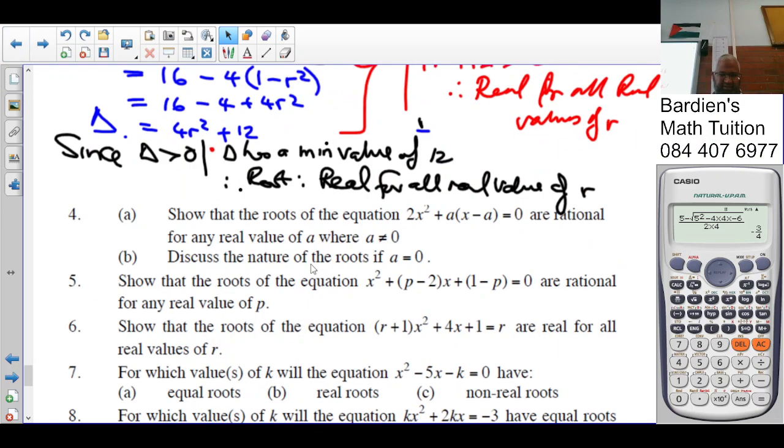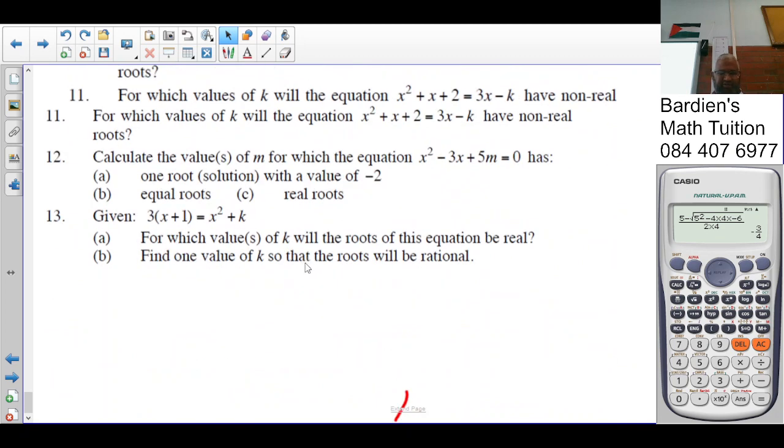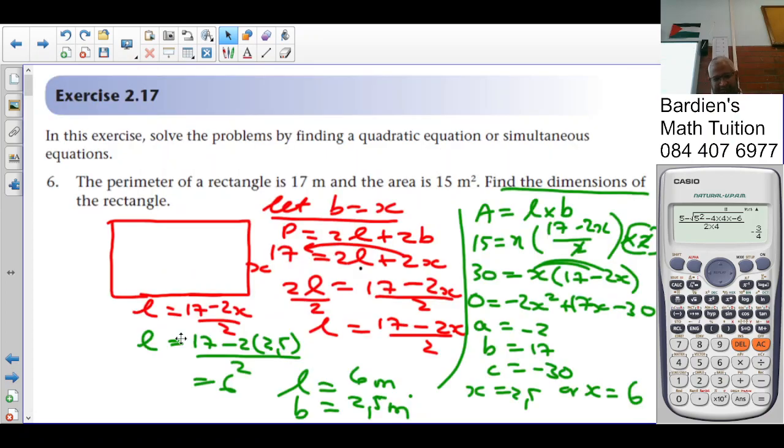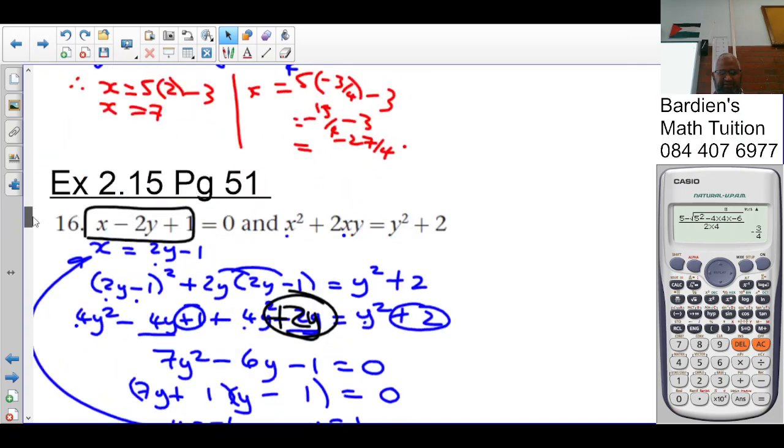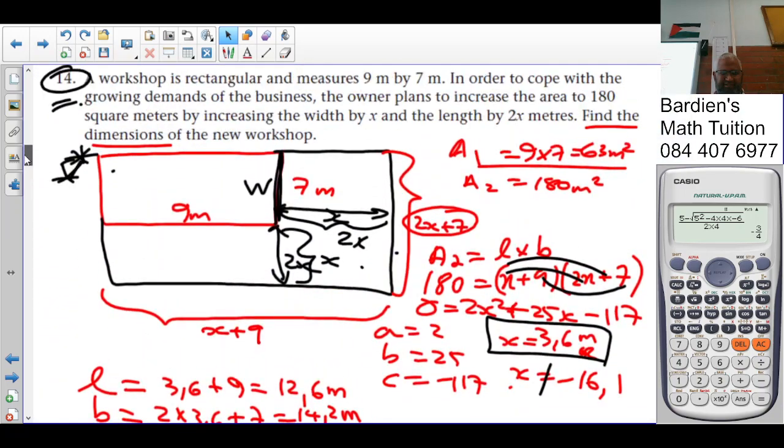Okay. But I need to go back to the one sum I had a problem with yesterday. Did I make a mistake on it? I marked the wrong length, no? So let's go here.